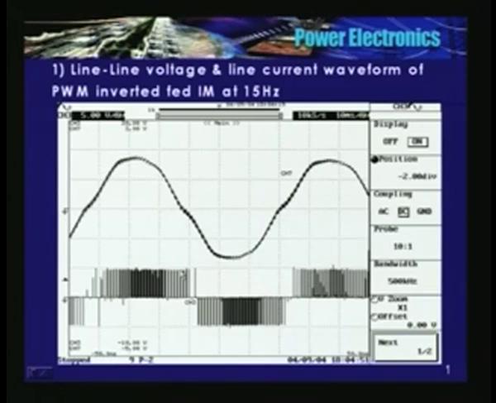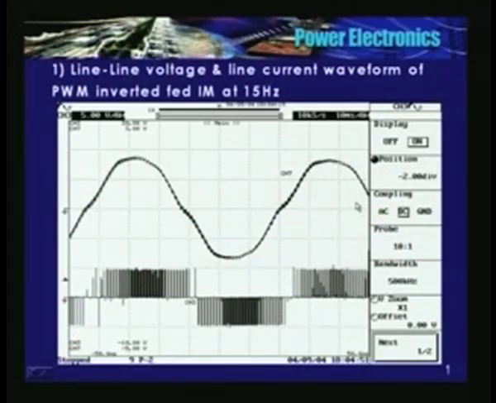The frequency of this current waveform drawn by the induction motor is of the order of 15 hertz. And this is a line-to-line voltage waveform. See, it has a large number of small pulses. Current waveform is approximately a sinusoid. This is at 15 hertz.